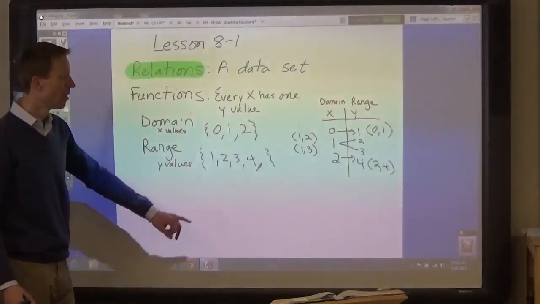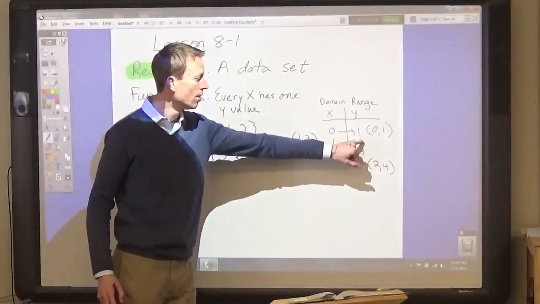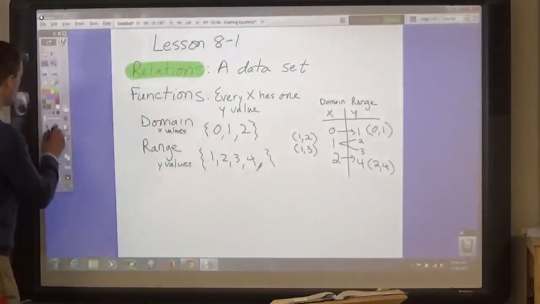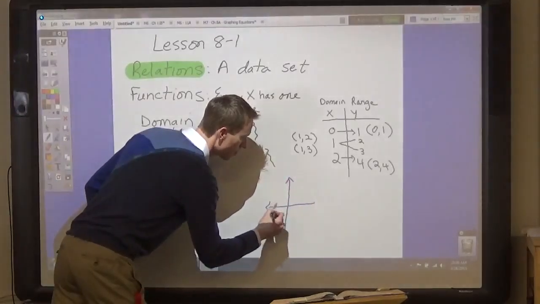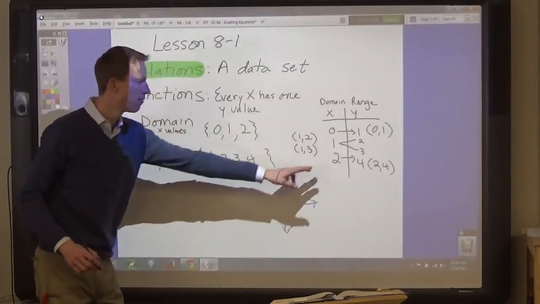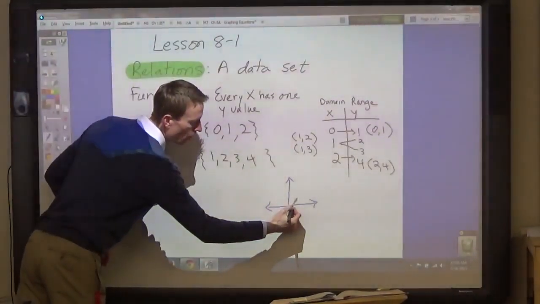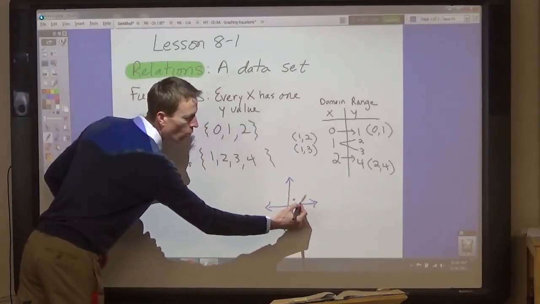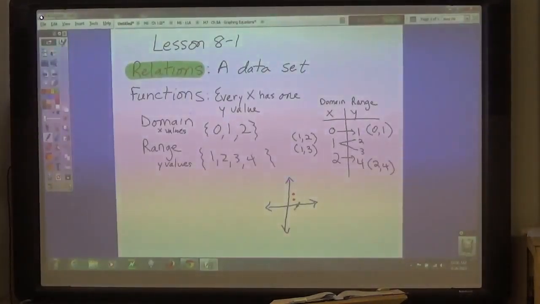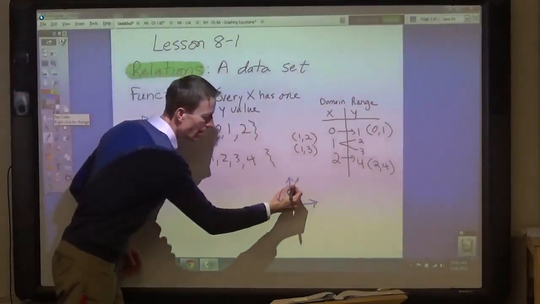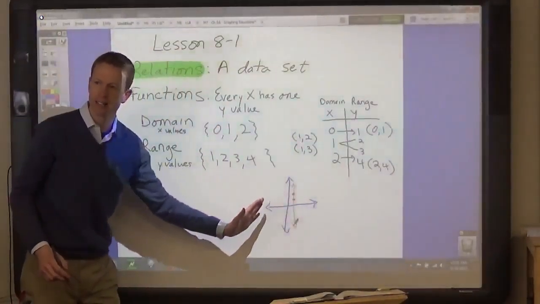Now, if we were to look at this, we would see that the x value has more than one y value. So on a graph, if we were to make a sketch of this, and we graph the points 1, 2, over 1 up 2, over 1 up 3, what do you notice about those 2 points? They're lined up vertically. And that's called the vertical line test.